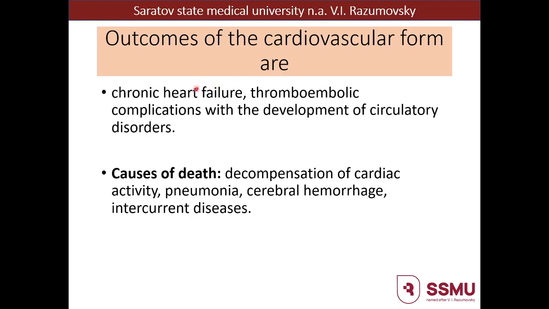Chronic heart failure is associated with myocarditis, and sometimes pericarditis, which is associated with blockage of muscular activity of the heart. Thromboembolic complications are associated most of all with localization of the pathological process in the endocardium and formation of thrombus firstly, and after that transformation of thrombus into emboli.